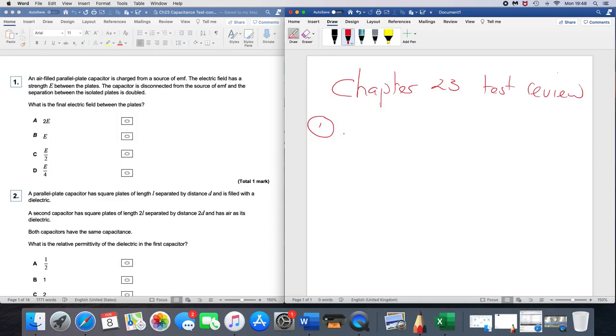The electric field has a strength E between the plates. The capacitor is disconnected from the source of EMF, and the separation between the plates is doubled.